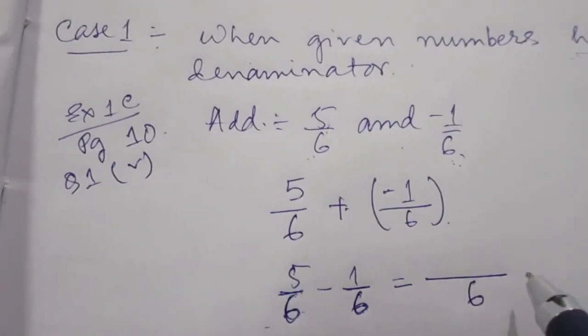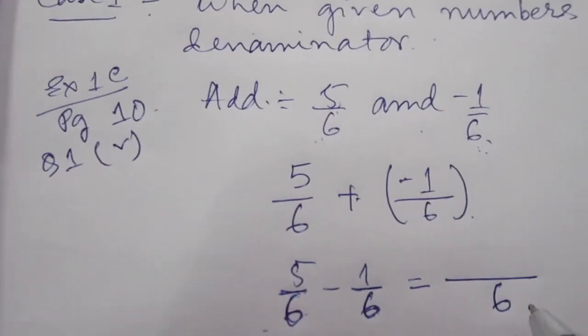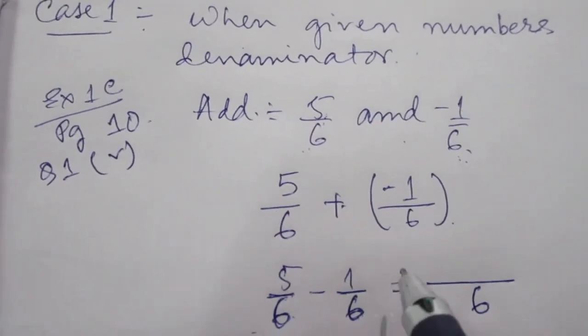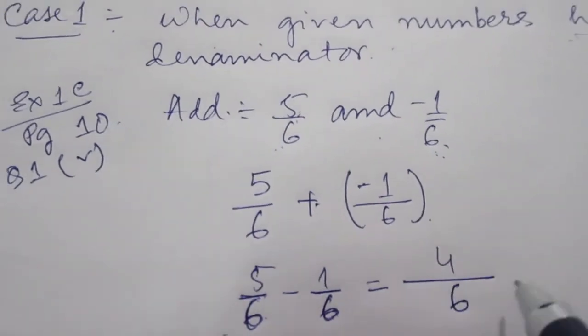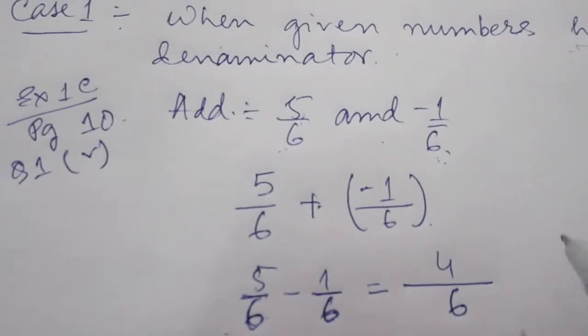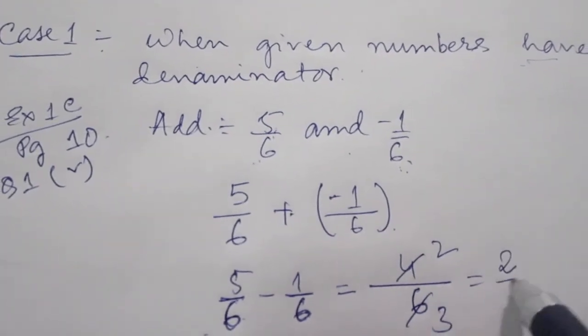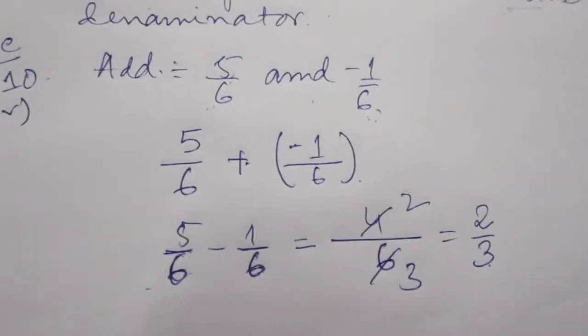So 5 minus 1 is equal to 4, so 4 by 6. Now if you want, you can cancel it: 2 twos are 4, 2 threes are 6. So the ultimate answer is 2 by 3.